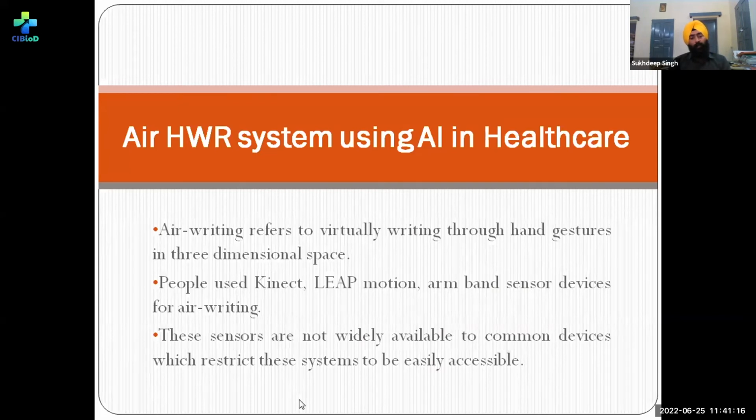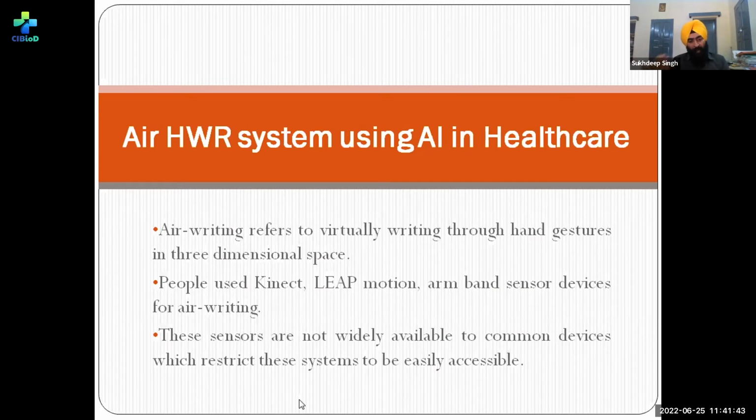People can wear armbands, or a Leap Motion or Kinect can be used for writing in the air. For example, if a doctor is operating in the operation theater and has to perform a certain surgery, it is a very tedious job if he has to write on paper or a digital surface.